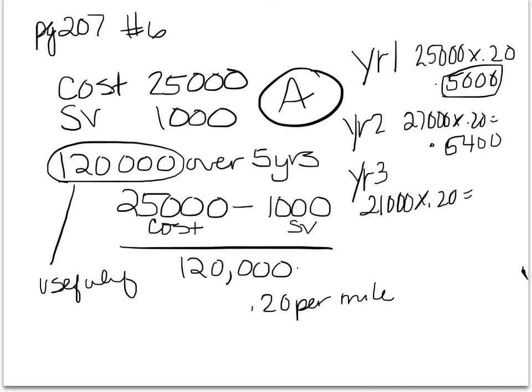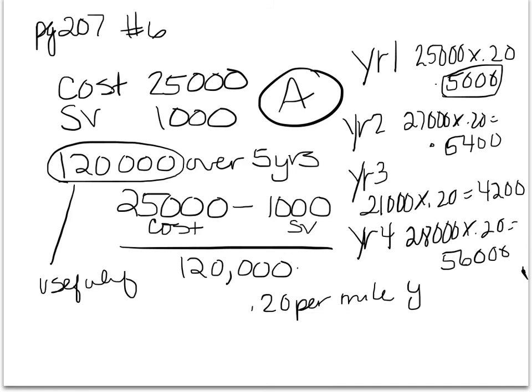In year 3, it would be 21,000 miles times 20 cents, which would be 4,200. Year 4 would be 28,000 times 20 cents, which gives us 5,600.